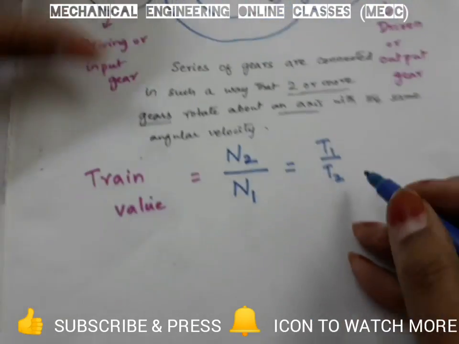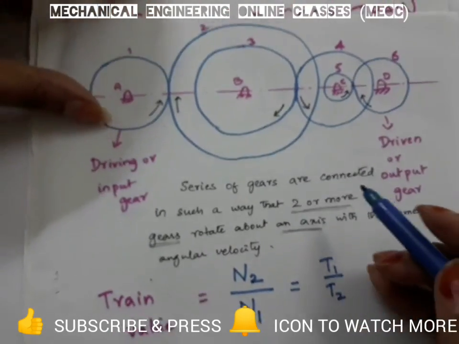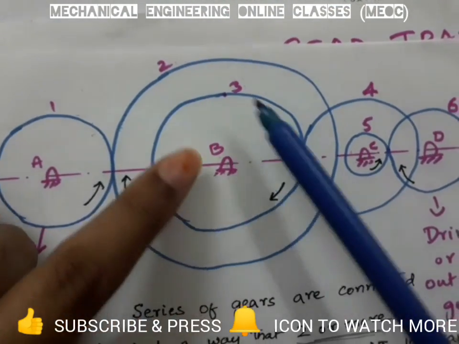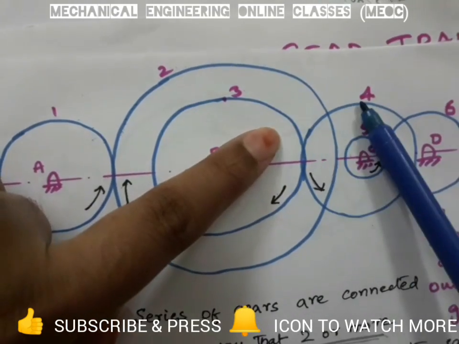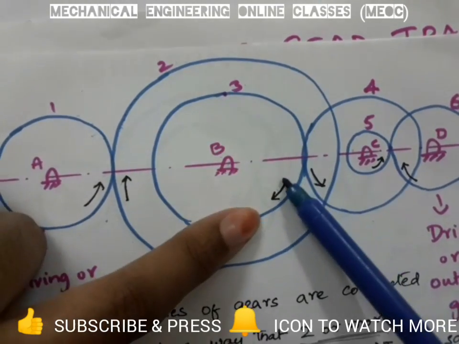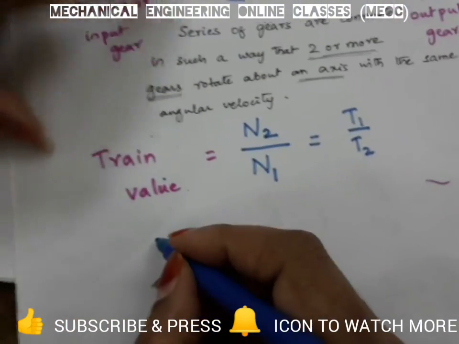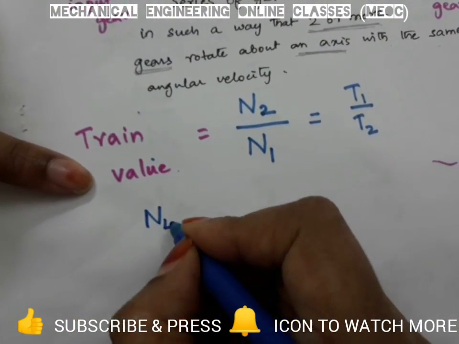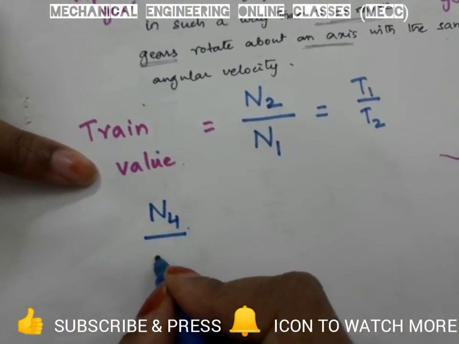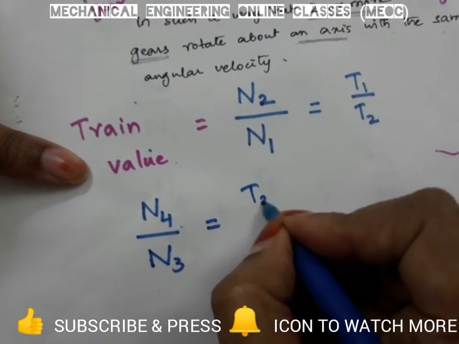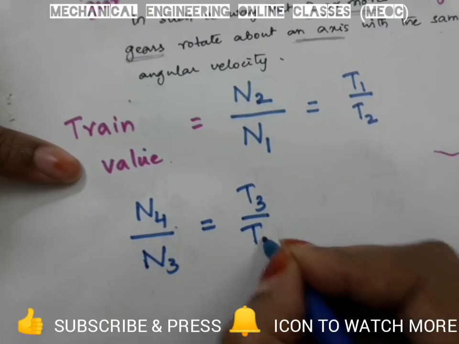Similarly I will write the train value for the other combinations. 3 and 4 are mating with each other. 3 is the driving gear and 4 is the driven gear. So N4 divided by N3 should be equal to T3 by T4.